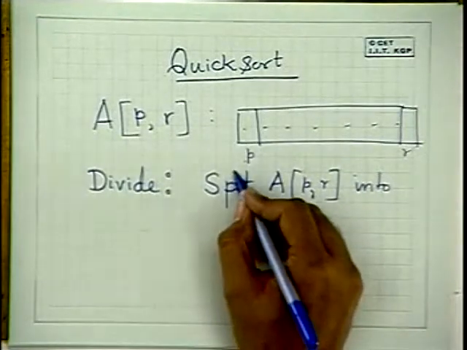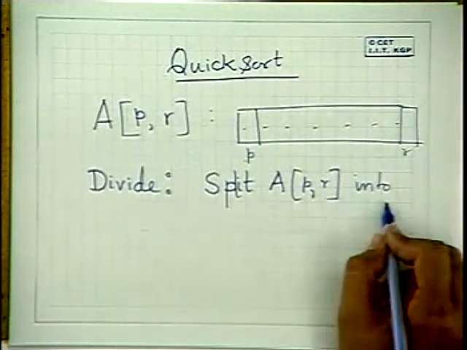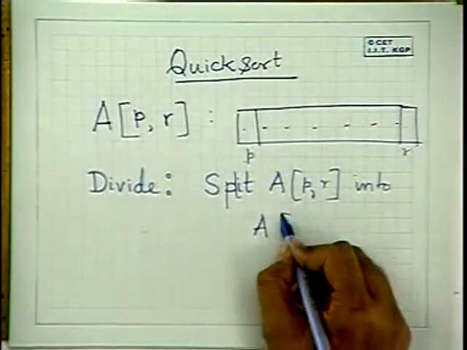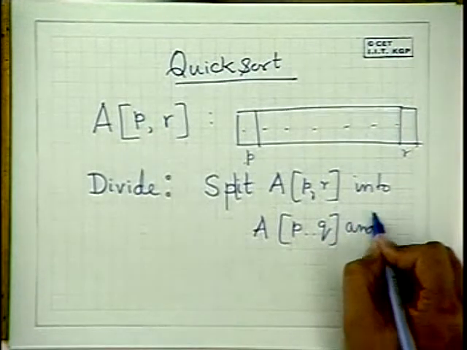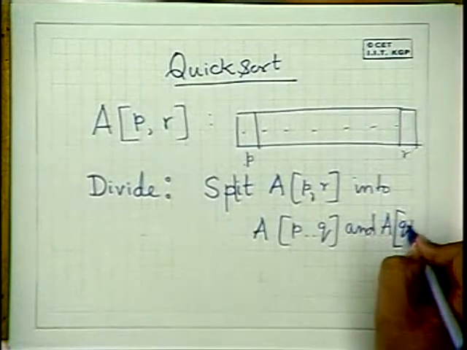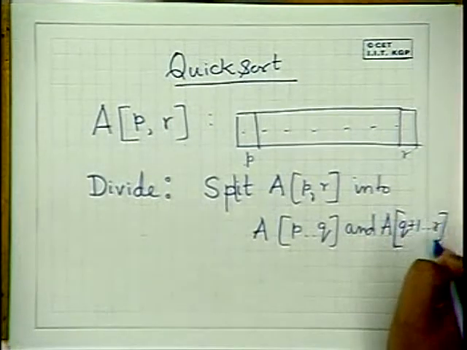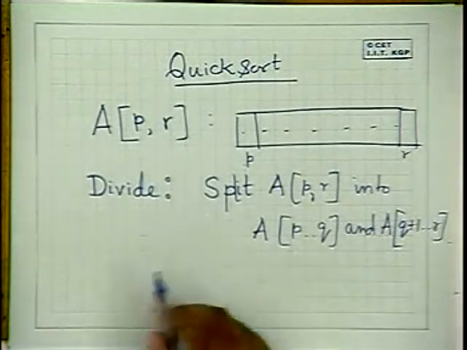Split A[P..R] into A[P..Q] and A[Q+1..R]. We will see how to split this. So this is the divide step.